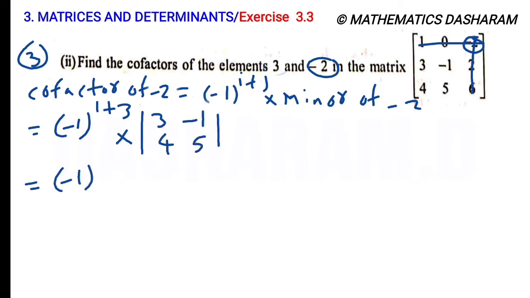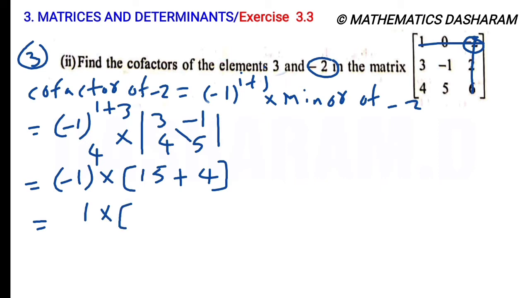So minus 1 whole power 4 into 3 into 5, which is 15, minus of minus, plus 1 into 4 is 4. Minus 1 to the power of 4 is 1, and 15 plus 4 is 19. So it is equal to 19.